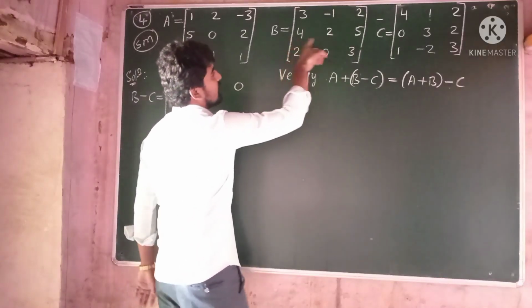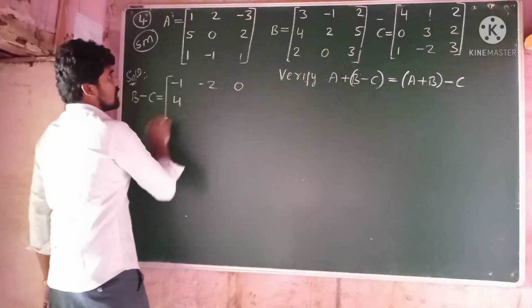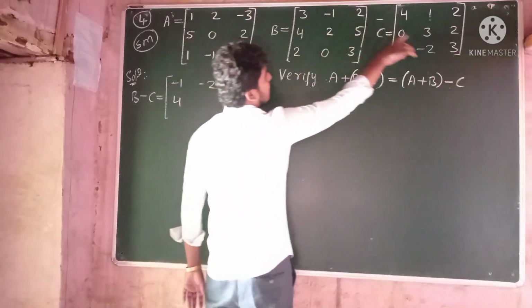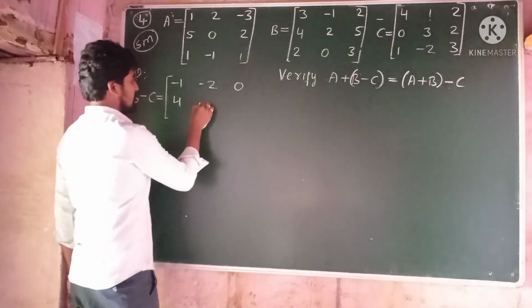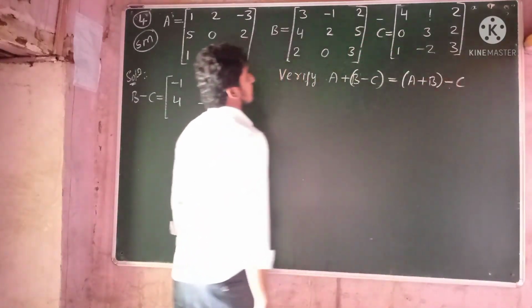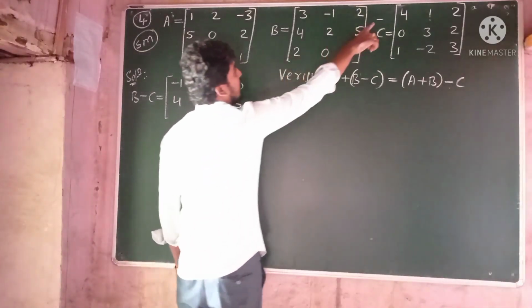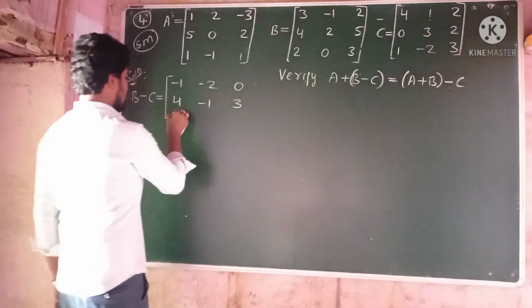And then 4 minus 0 is equal to 4. 2 minus 3 is equal to minus 1. 5 minus 2 is equal to 3. 2 minus 1 is equal to 1.